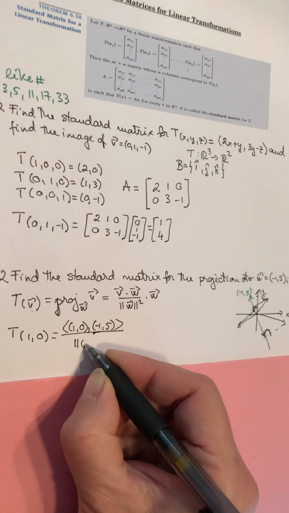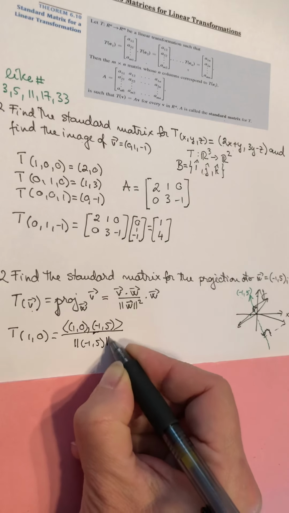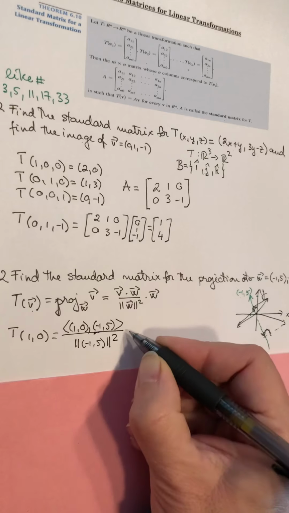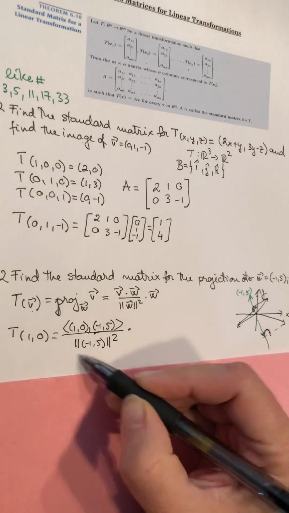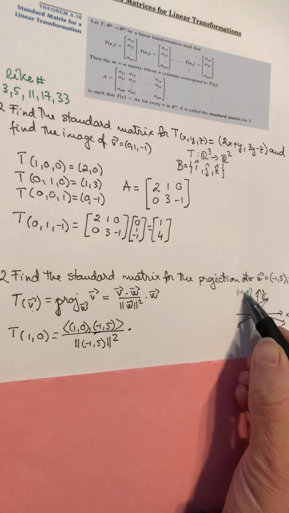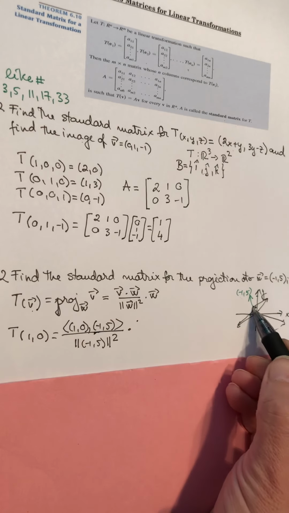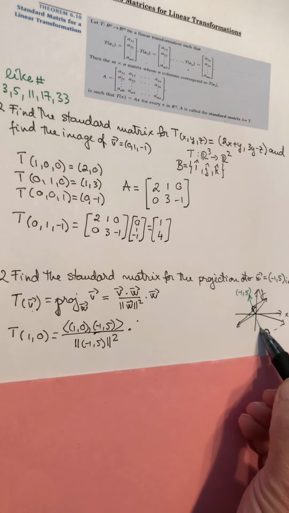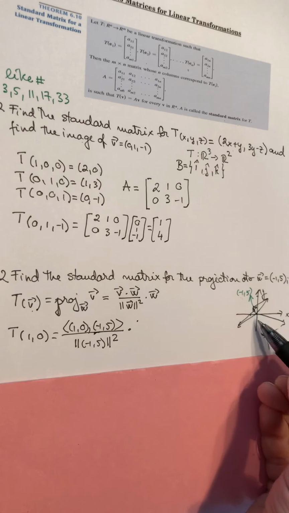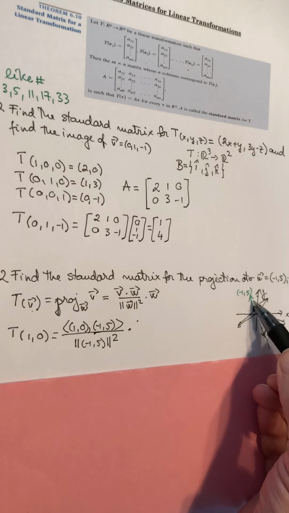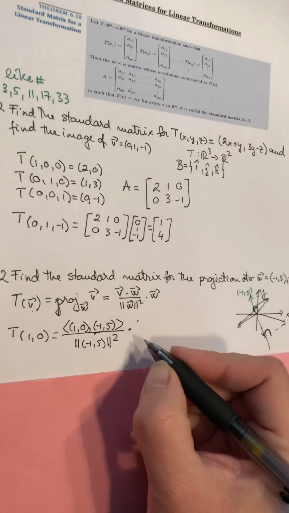So that's negative 1, 5, the magnitude of that squared. And that is the scalar multiple of negative 1, 5. So all of these projections, they're going to go in the same direction, so they're going to be scalar multiples of negative 1, 5.